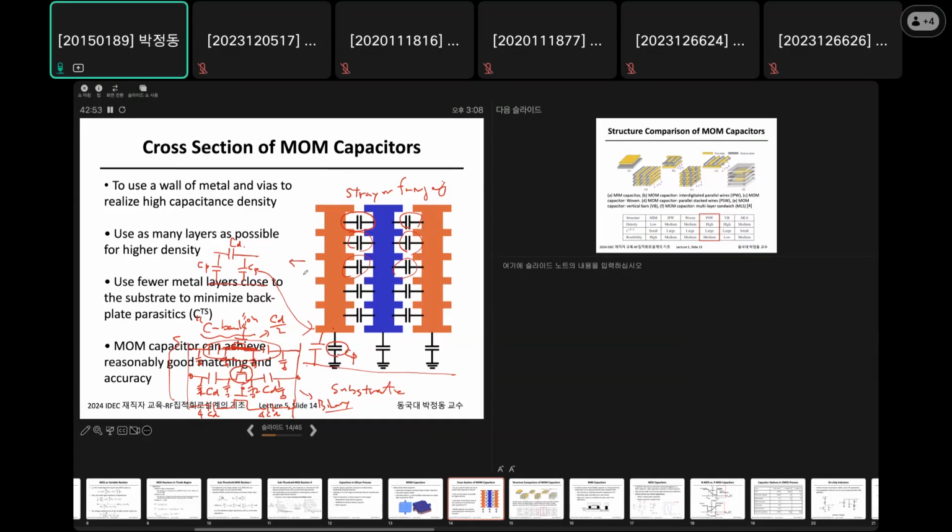We just remove this. Just use metal 3 to, let's say, metal 9. Do not try to use metal 1 to metal 9, okay? Of course, this gives a smaller density.